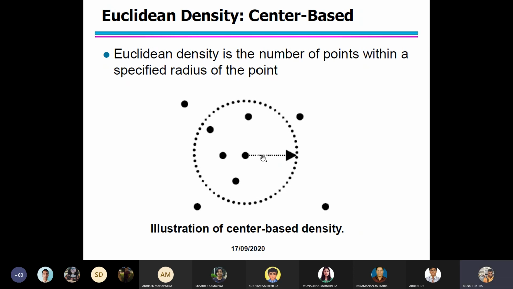Many times it is considered as the unit volume. So let's say the density of this point and the density of this point: we count the number of points divided by the volume. Here also we will have the same radius.